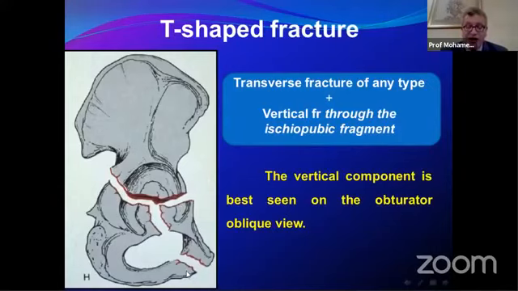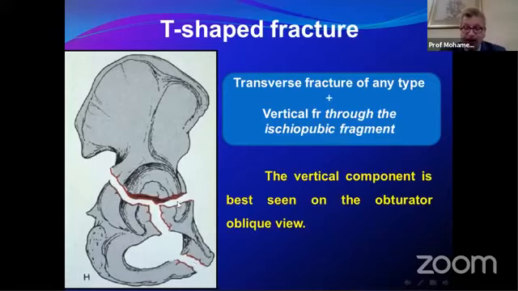How can I distinguish between the T-shaped fracture and the transverse fracture? On the transverse fracture, whether it is juxtatectal, infratectal, or another type, how can I differentiate it from the T-shaped fracture?